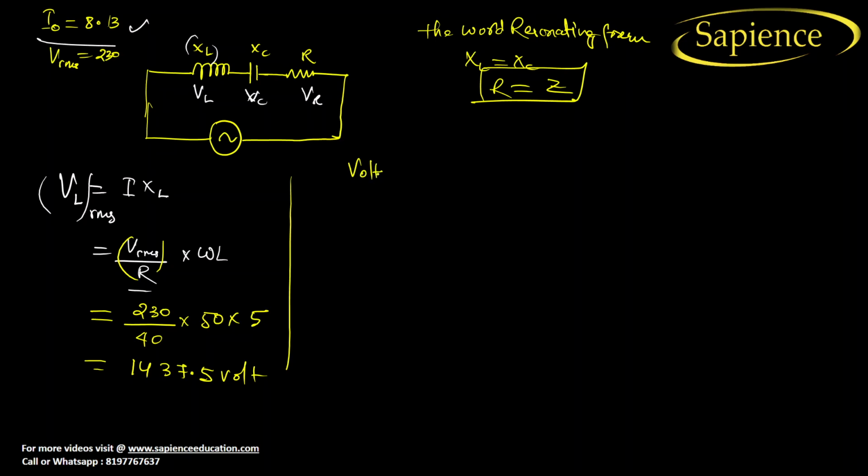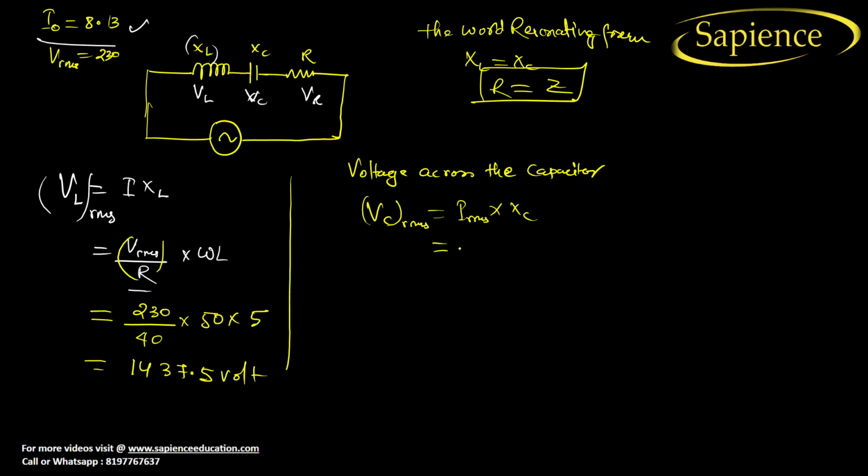So voltage across the capacitor, VC RMS, is equal to IRMS into XC.